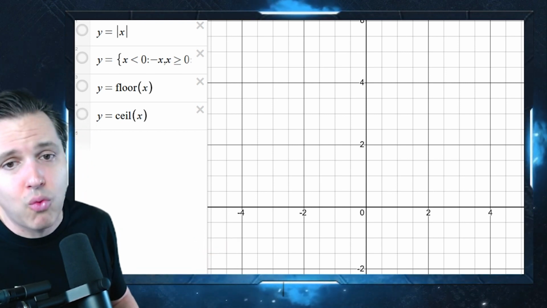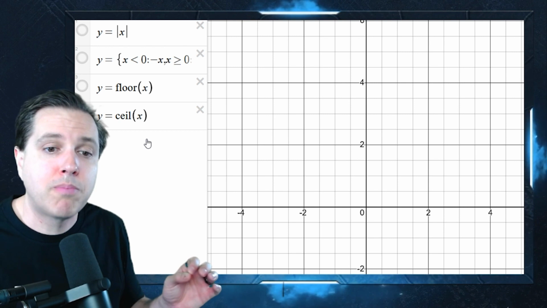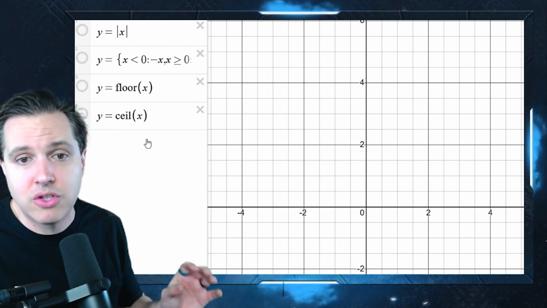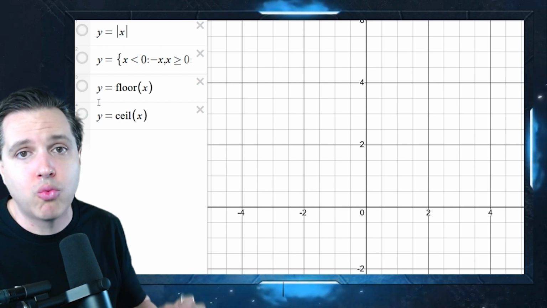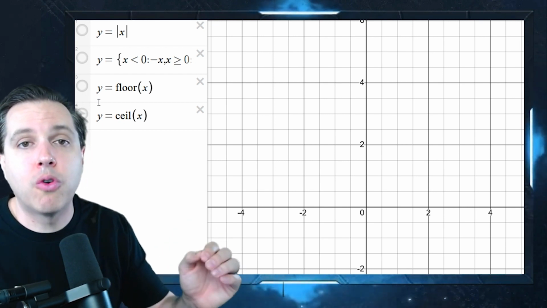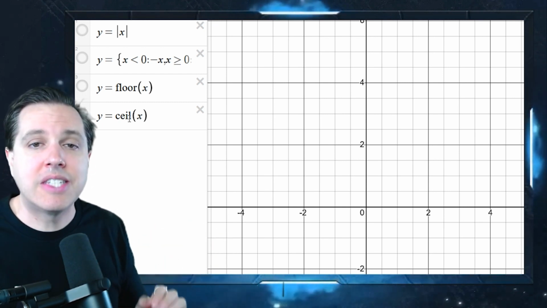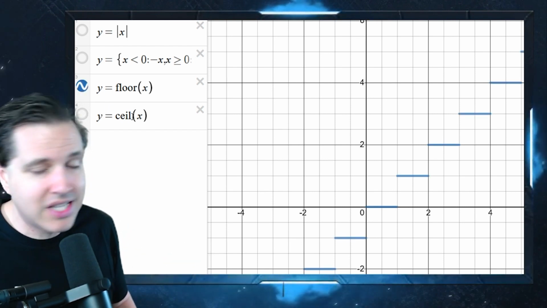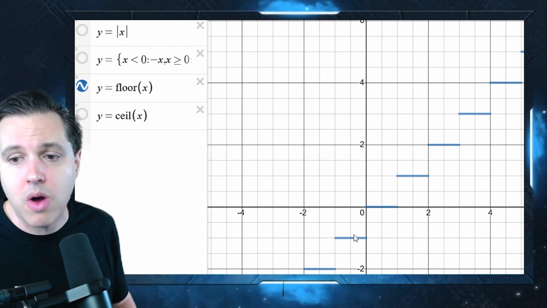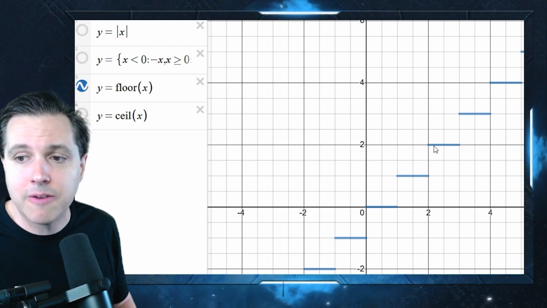But there's lots of ways that these come up. Two of the most popular step functions that you see the most are floor and ceiling. The floor function is where you round down. The ceiling function is where you round up. So they look kind of weird. They look like this. You can see why they're called step functions. It looks like you're walking up some steps here.